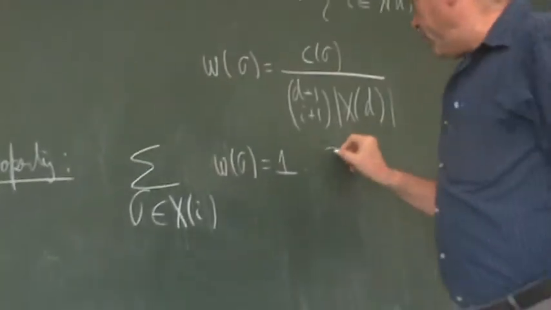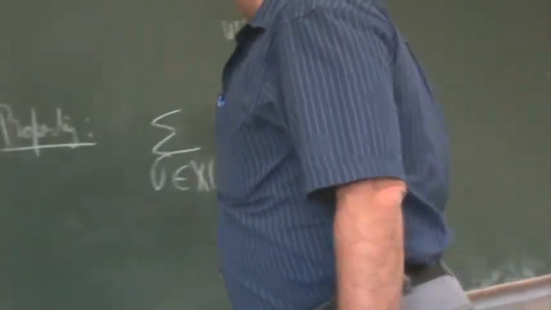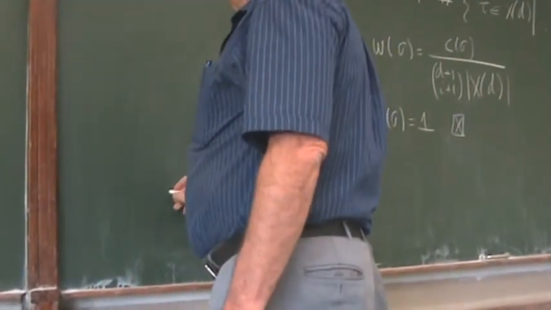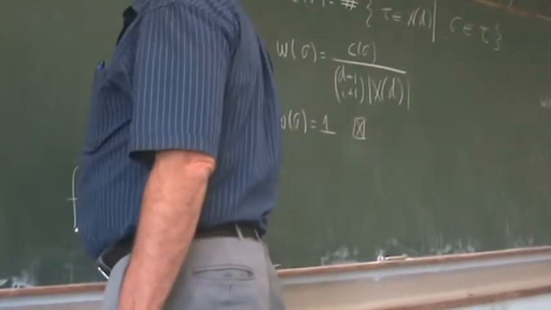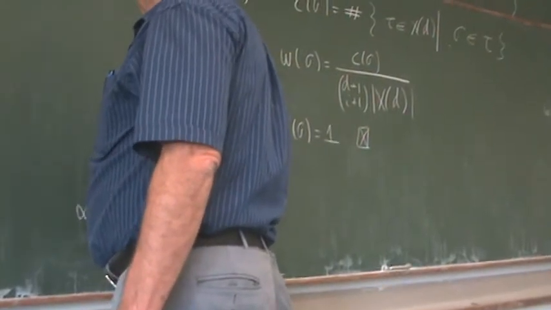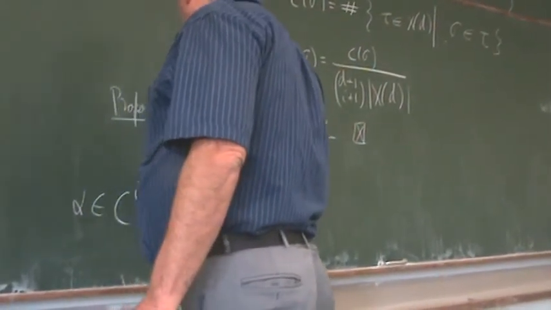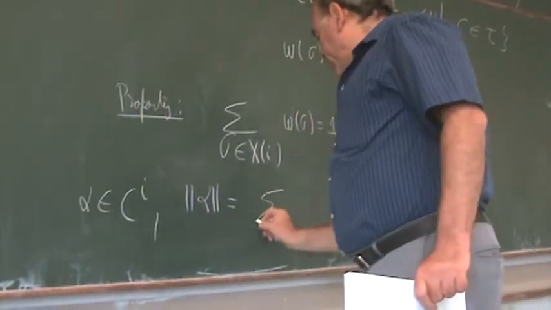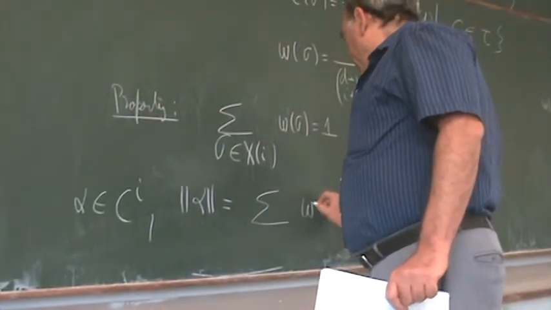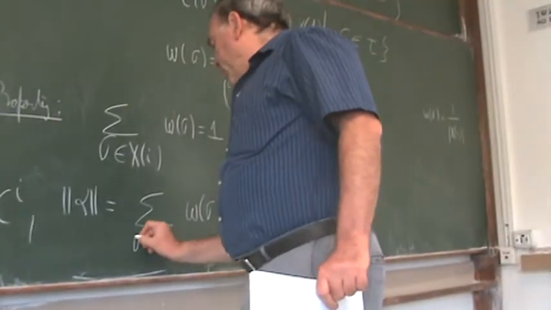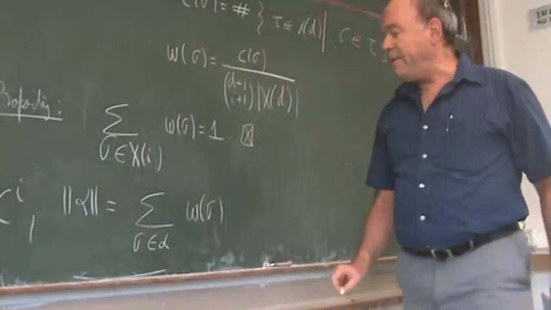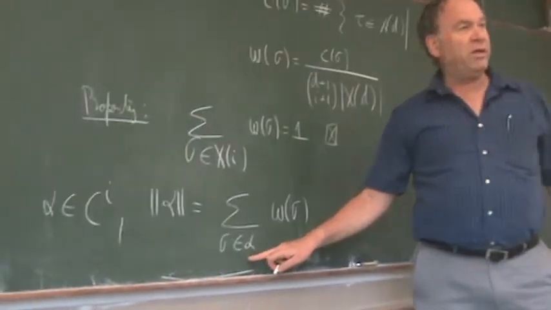So this we checked last time, and this is easy. And the norm now, if f, I actually for some reason like to call it alpha. If alpha is in Ci, then the norm of alpha is simply the sum of weight of sigma, where sigma is in alpha. What does it mean, sigma in alpha? Alpha is a cochain, right?